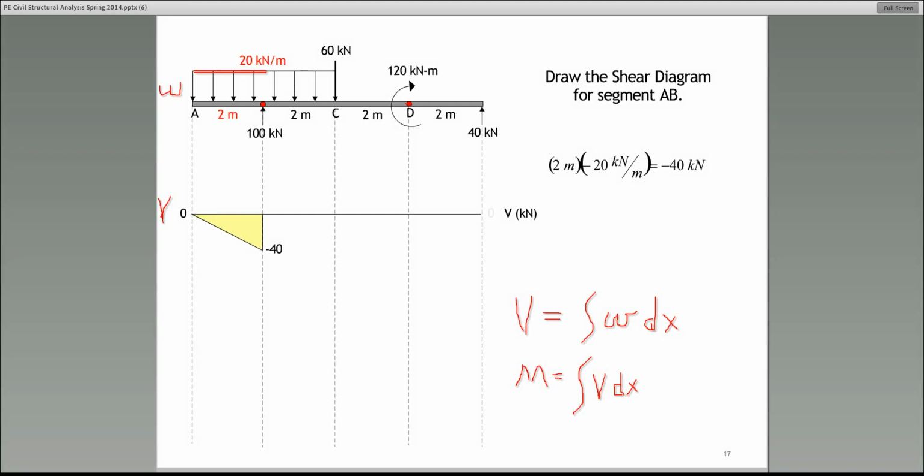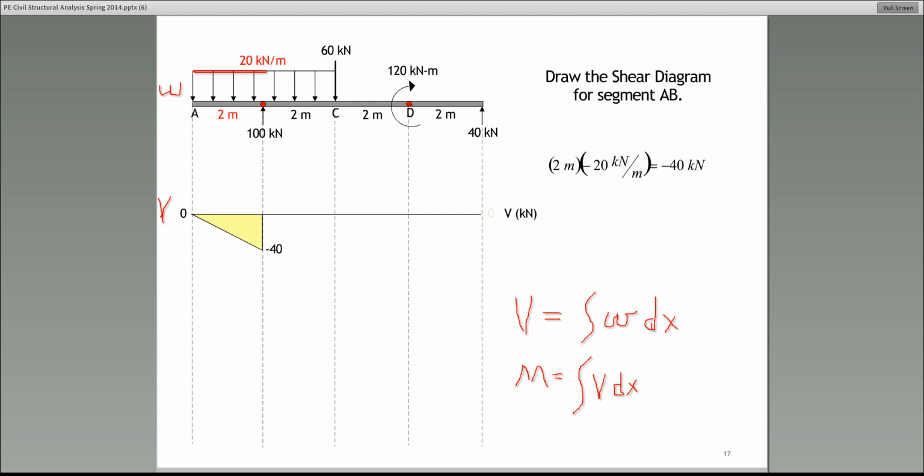What's the degree of the horizontal line? Thank you. Ian says 0. All right. Very good. Arash is saying 0. Okay. So here we go. If the W, the load, is 0 degree, the shear would be what degree? 1 degree higher. So we expect it to be a first degree curve.